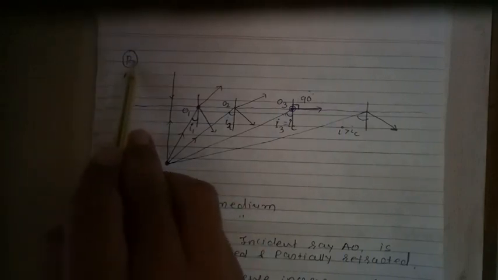Here from the figure you can see that our first medium is denser and the second medium is rarer. The denser medium, which is water, has refractive index n1, and the rarer medium, air, has refractive index n2. We know the refractive index of air is 1. So from equation 1, n1 upon n2, where the value of n2 is 1, into sin IC is equal to 1.